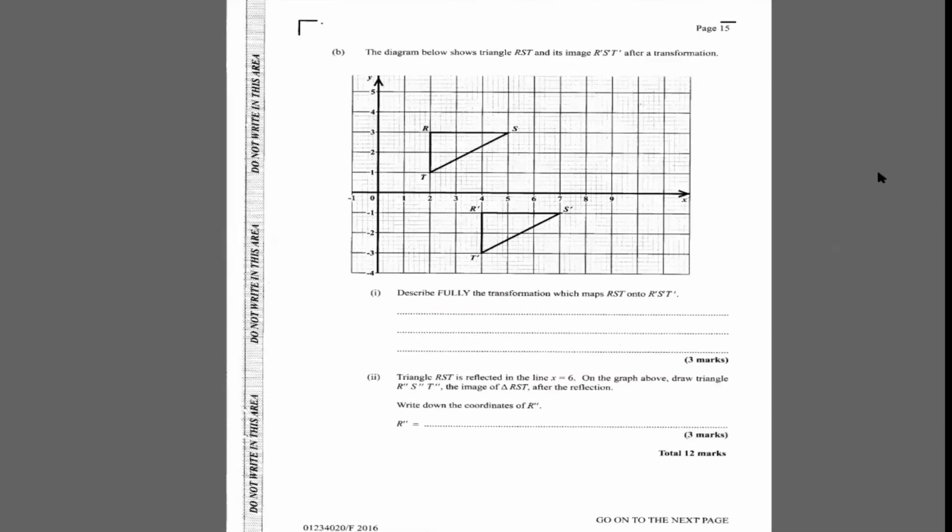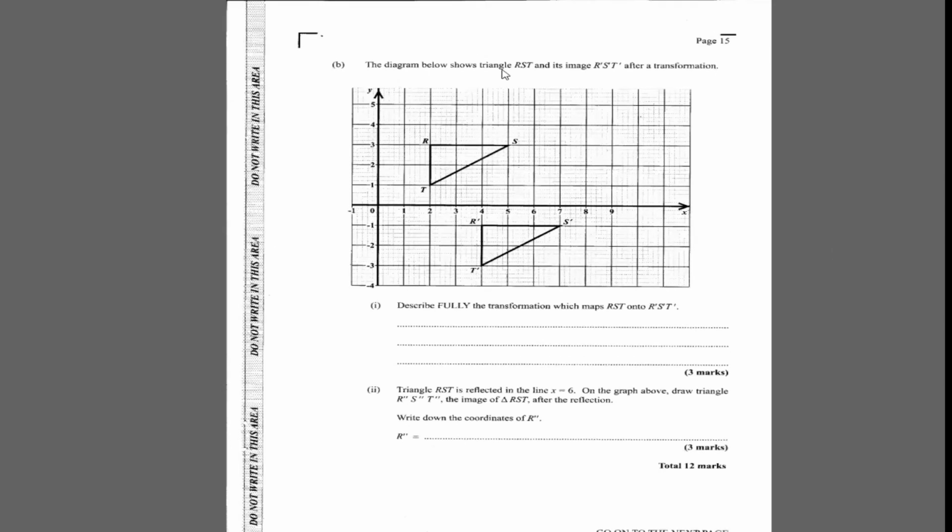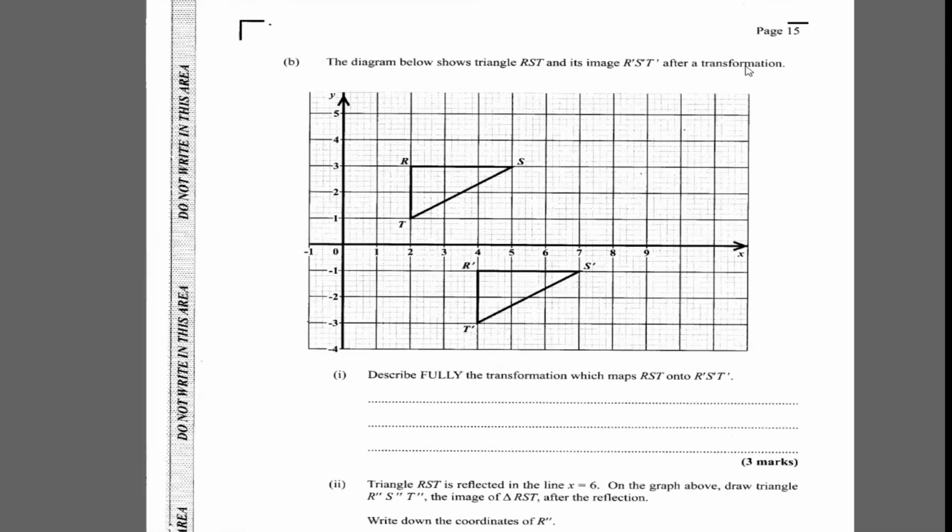Part B. Part B says the diagram shows triangle RST and its image R prime, S prime, T prime after a transformation. Describe fully the transformation which maps RST onto R prime, S prime, T prime. Let's go ahead and take up this easy question.